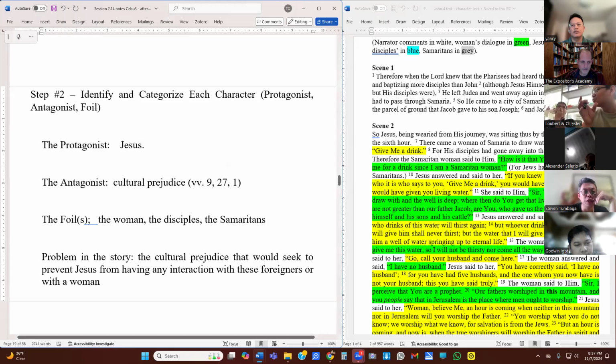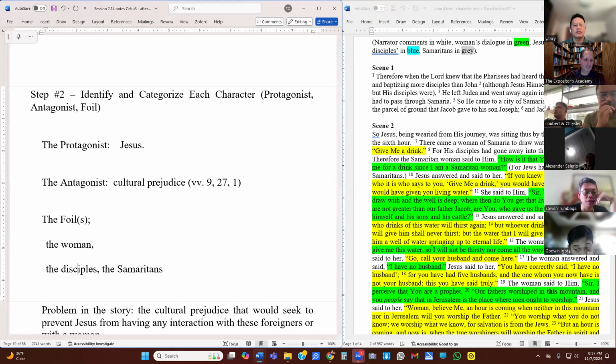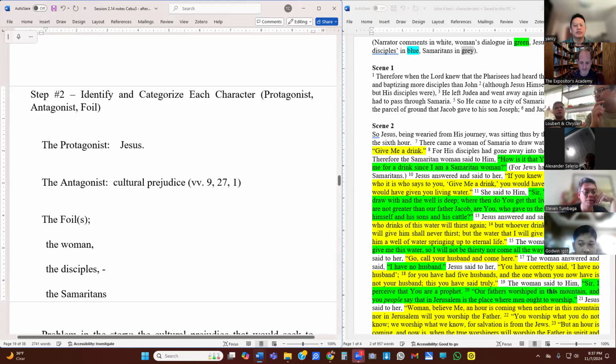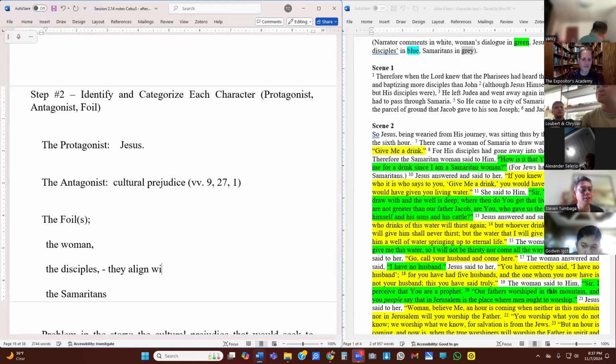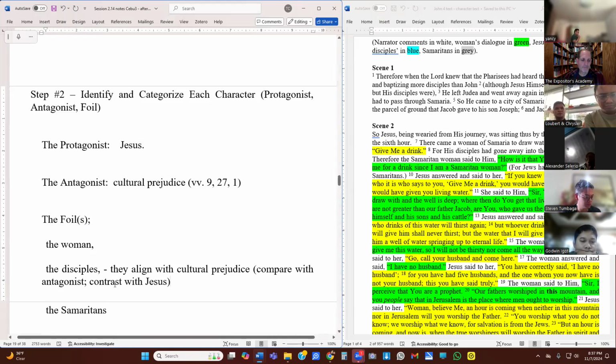Yes. They align with the cultural prejudice, so they are a comparison. They would compare with the antagonist and also contrast with Jesus, right? Because they don't talk to the Samaritans at all, but Jesus does. So I think they definitely would serve as a foil in this account.